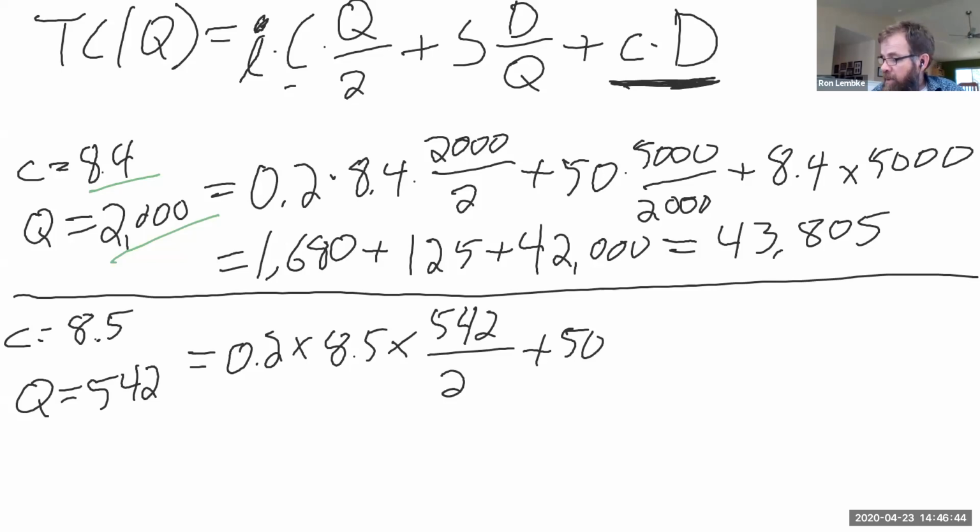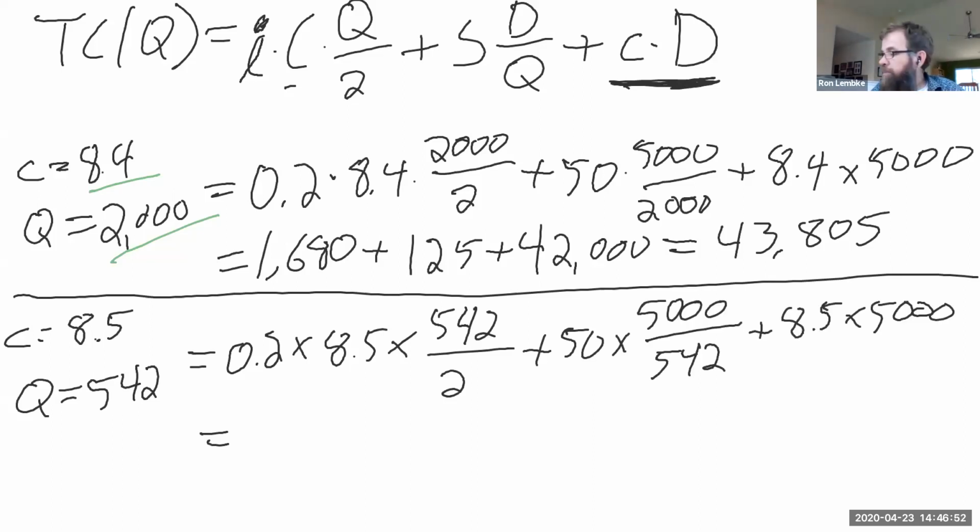And then lastly, a price of 8.5 times 5,000. All right, so 0.2 times 8.5 times 542 divided by 2 is 460.7. And then we have the cost of ordering, 5,000 divided by 542 times 50, is 461.25.